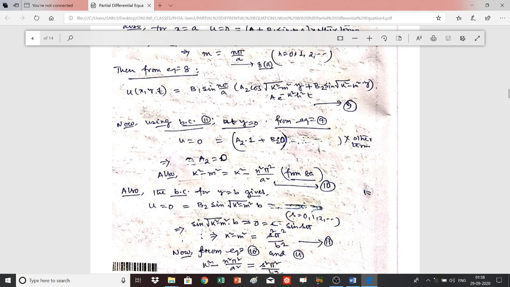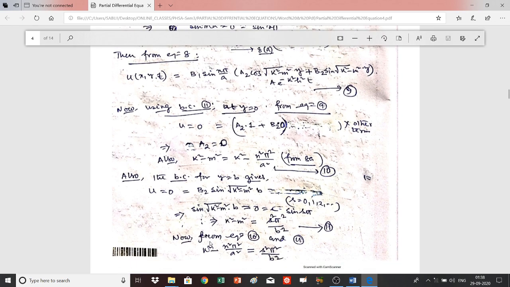So from this you can easily understand the value of b2 into sine root over k square minus m square into b, because you are replacing y by b in this case, would be equal to 0. From here you can write sine root over k square minus m square into b is equal to 0, that is sine s pi. S is another integer whose value is 0, 1, 2, 3, etc.